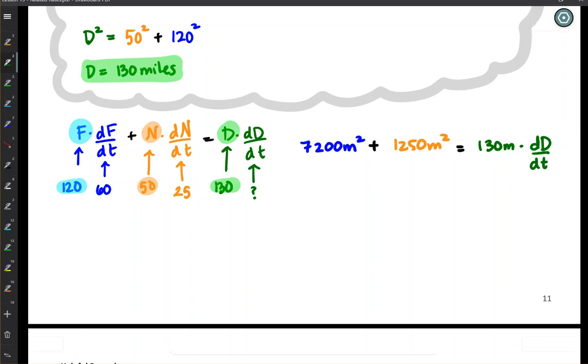Okay. So I am going to just divide both sides by 130 miles. We can add these two together. Let's go ahead and do that.